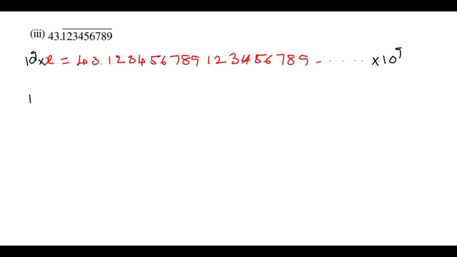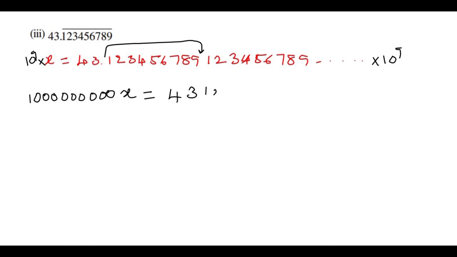Then we get 10 power 9 x is equal to 43123456789.123456789 and so on.